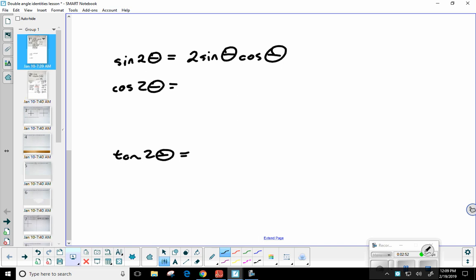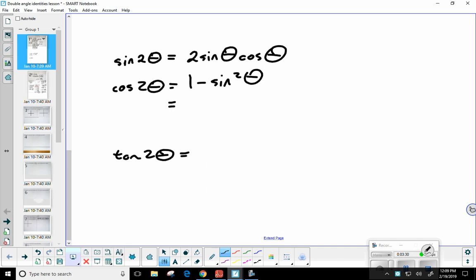Okay. So why did I leave so much room between cosine of 2 theta and tangent of 2 theta? There you go. Cosine of 2 theta, there are 3 versions that you can write. Can anybody tell me one of the 3? Okay. 1 plus? There we go. So 1 minus sine squared of theta. 1 plus cosine squared theta. No. Switch that around.